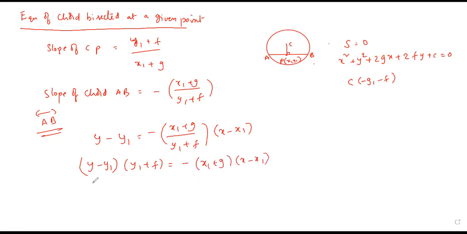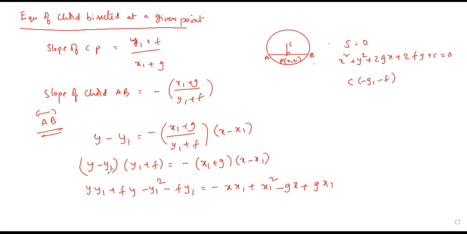So by cross multiplication you will get y1 y plus fy minus y1 square minus fy1 equals minus xx1 minus gx plus x1 square plus gx1, the same procedure we did in the equation of the tangent.